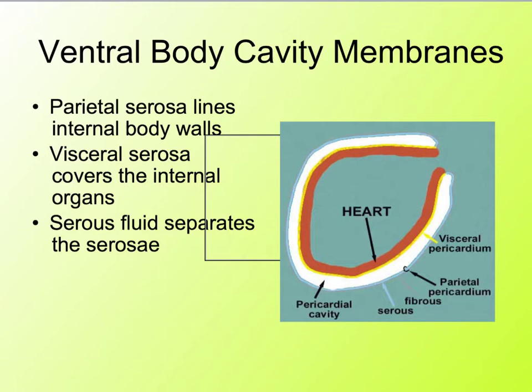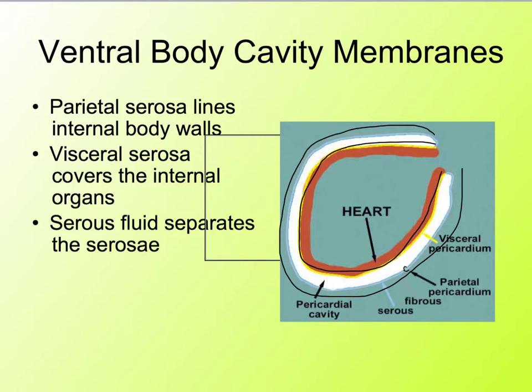For example, the heart. Here you see the blue line, which would be the parietal serosa. So it's lining that pericardial cavity. And then you have the yellow, the visceral serosa. So it's lining the heart, so it's touching the heart itself.